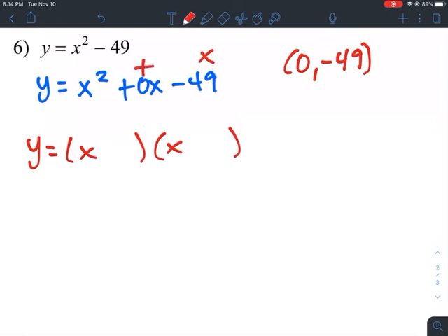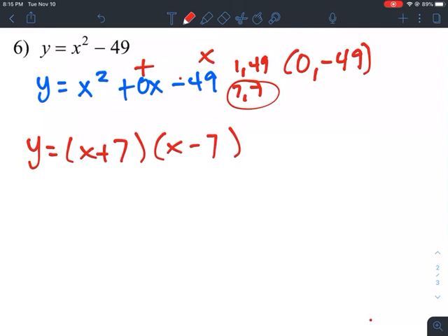So this one is not too complicated, because the only things that multiply to 49 are 1 and 49, and then 7 and 7. So it's going to be 7 and 7. Just make sure that because I want them to add to 0 and I want them to multiply to a negative, they're going to be different signs, right?